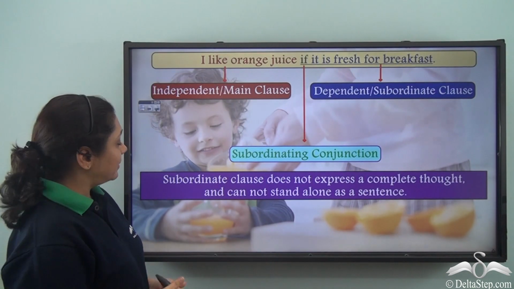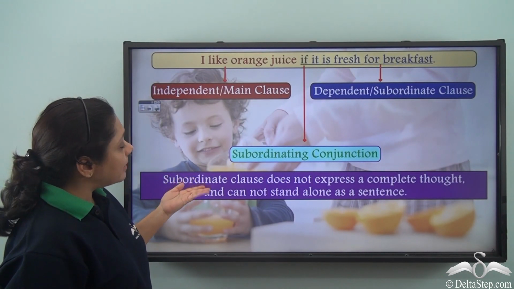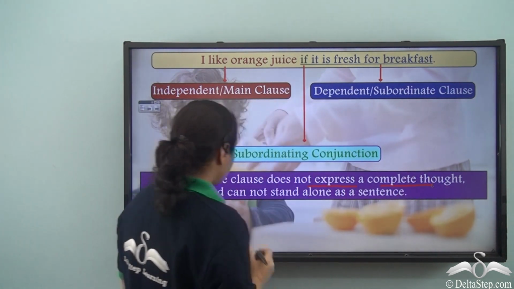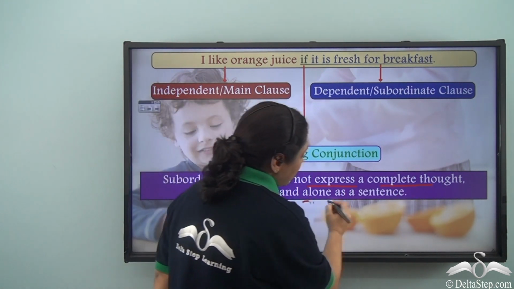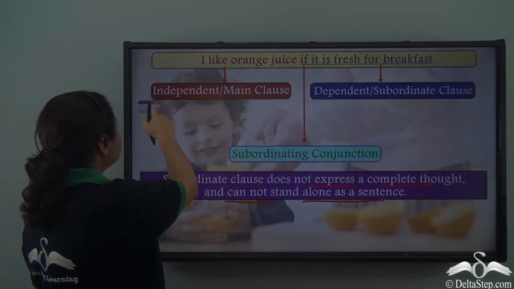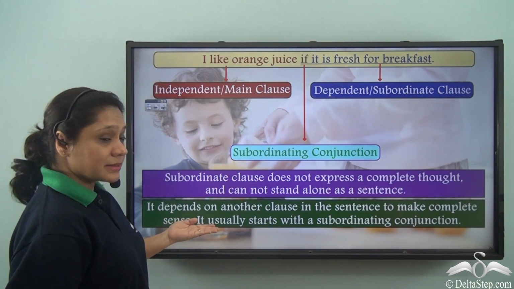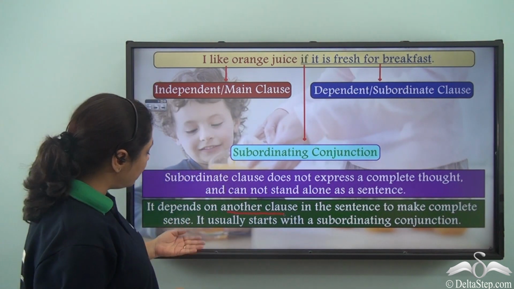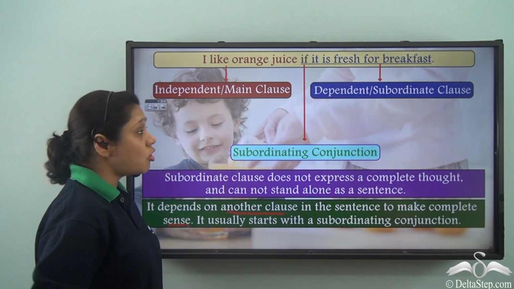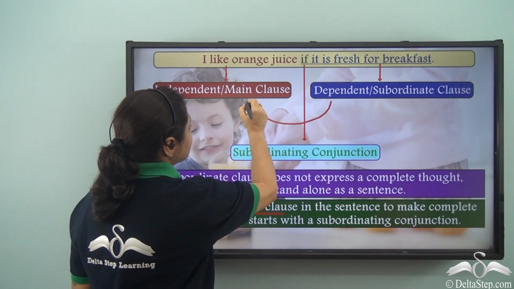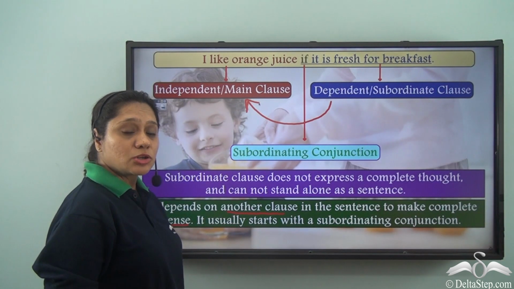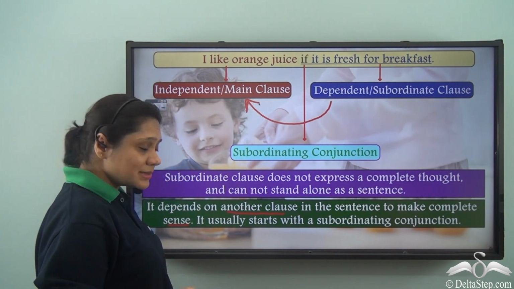So what do we see? We see that a subordinate clause does not express a complete thought and cannot stand alone as a sentence. It depends on another clause in the sentence to make complete sense. So, the dependent clause depends on the main clause or the independent clause to make complete sense.